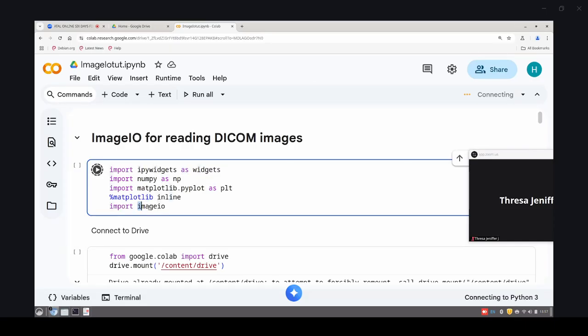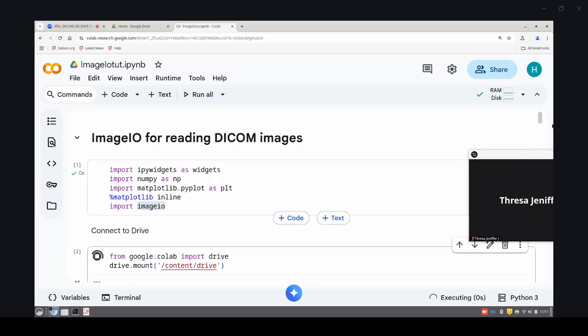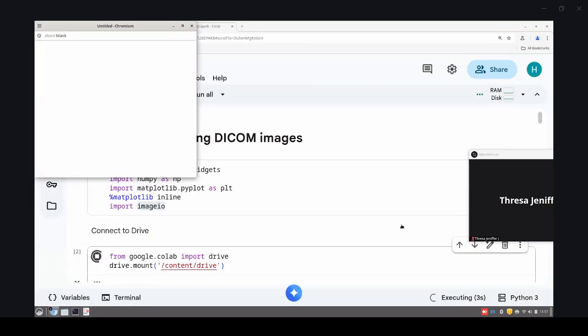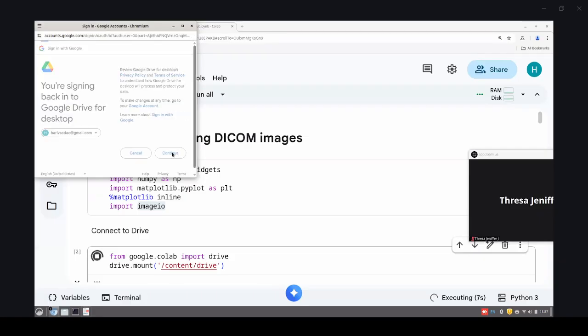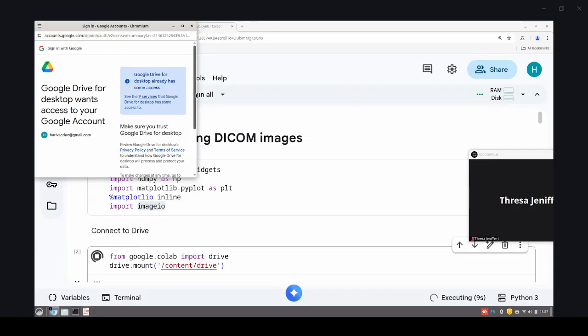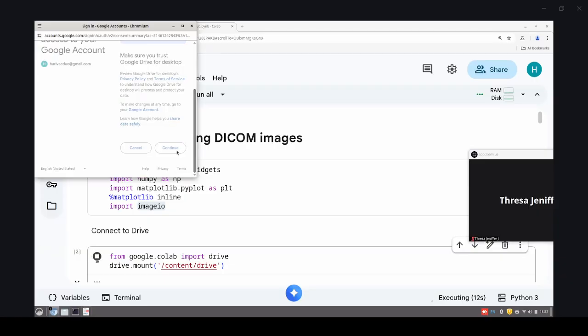Here you have to import imageio, and I'm again connecting to my Google Drive to access the DICOM files.